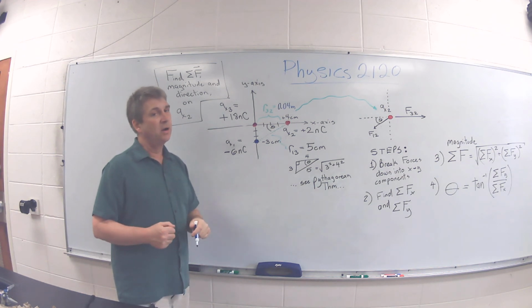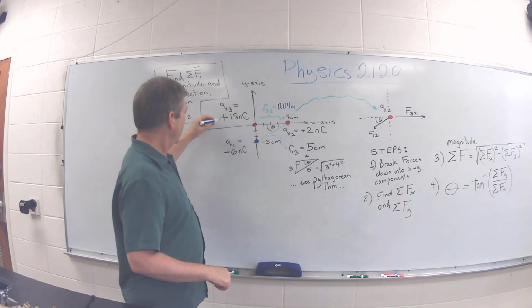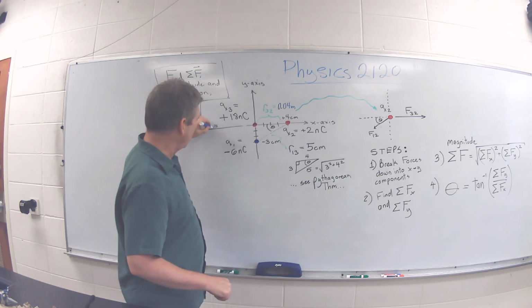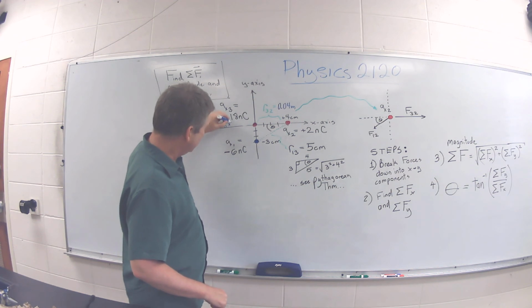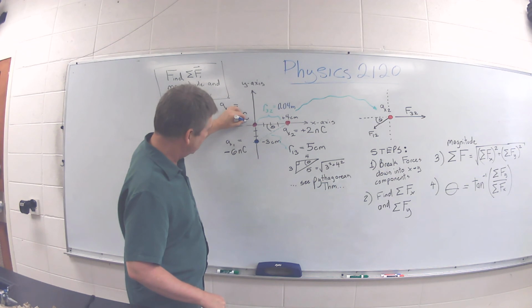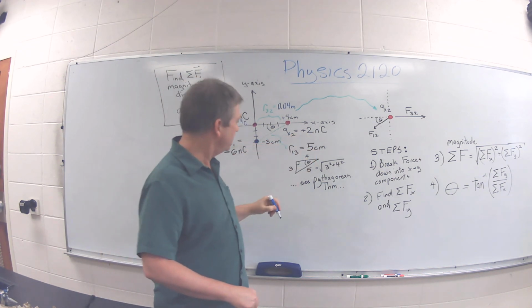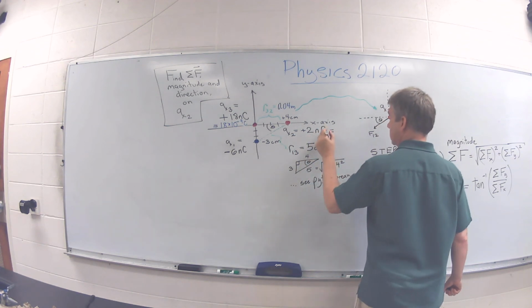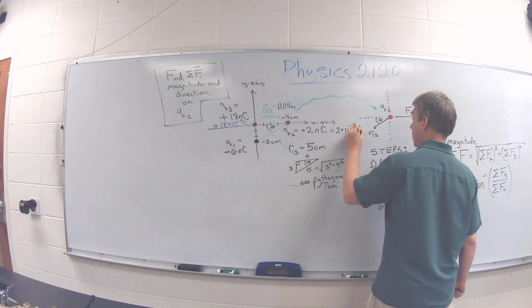Now remember, nano means times 10 to the negative 9. So this would have to go into the formula as 18 times 10 to the negative 9 coulombs. Likewise, positive 2 nanocoulombs is 2 times 10 to the negative 9 coulombs.